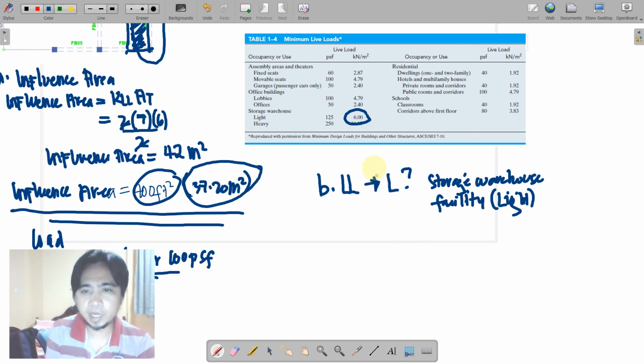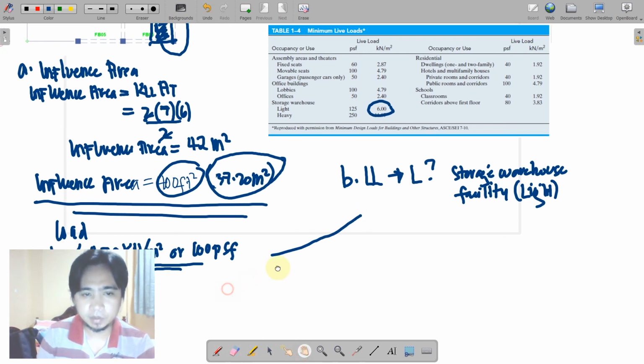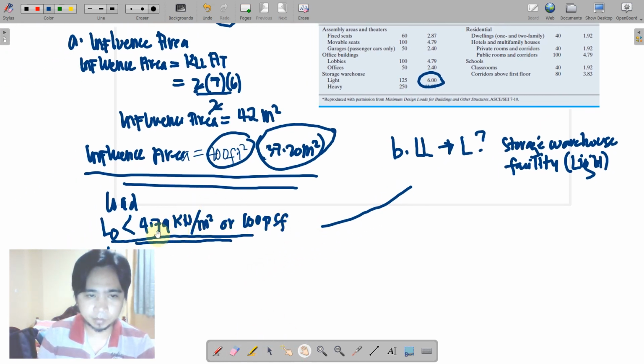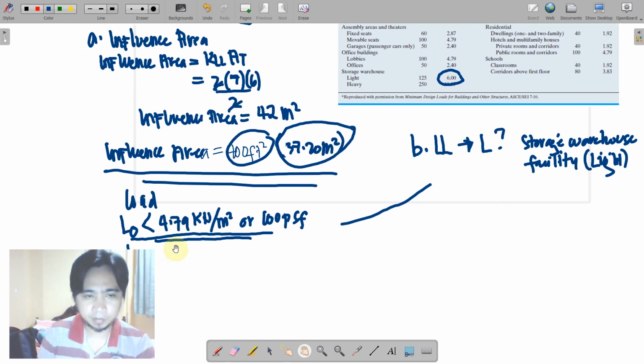We are asked to compute the reduced live load if it is qualified to be reduced. But obviously, 6 here is already larger than the limit we discussed.